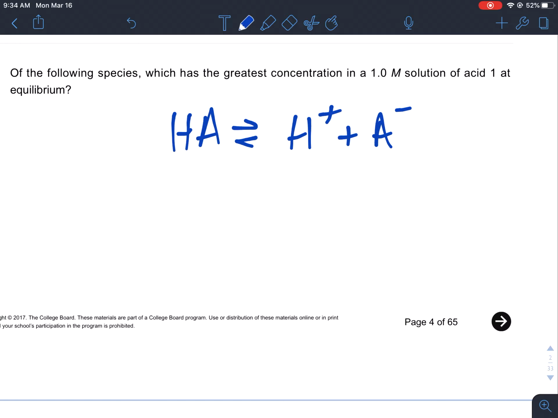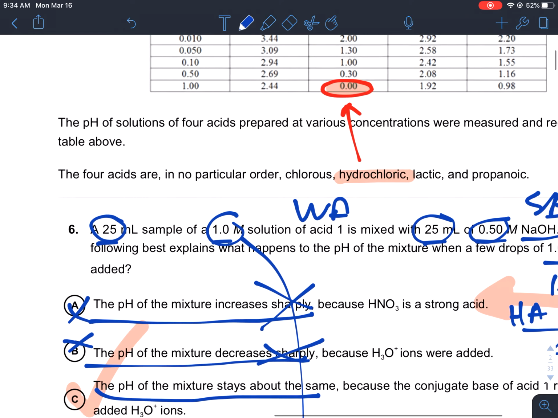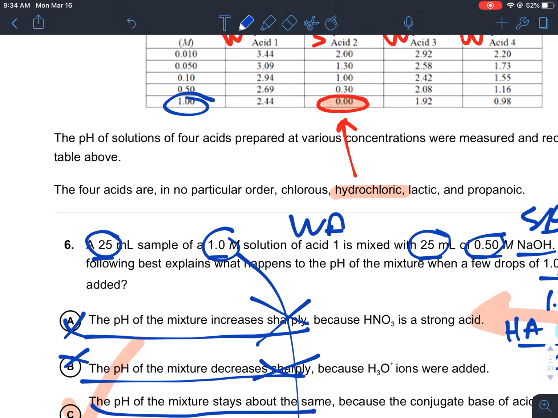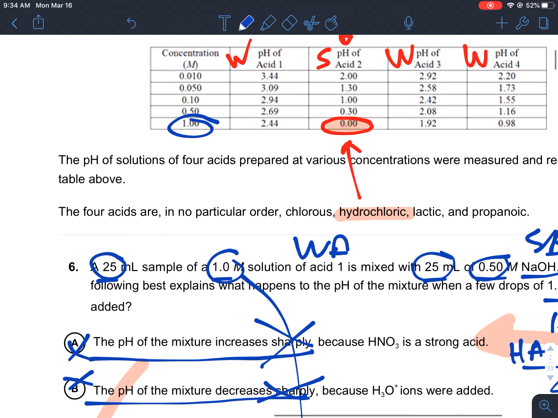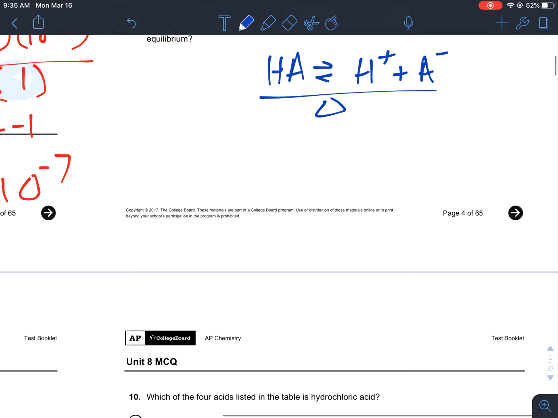Okay, and this is in some form like this. Now, if I wanted to do the Ka, at 1 molar of the acid 1, I was at pH 2.44. So if I wanted to do the Ka, I could solve for it.